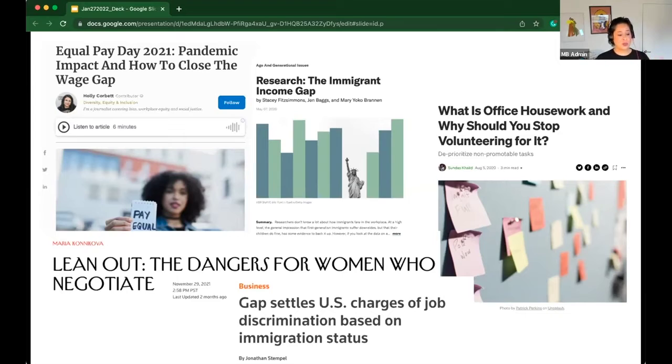So paying attention to what's happening with respect to immigrants in workplaces. We know now that immigrants and first gen, meaning you were born in the US but your parents were immigrants, often make less than their in-country born peers, right? Specifically their white peers. And in many instances, we know that employers threaten people's legal status.